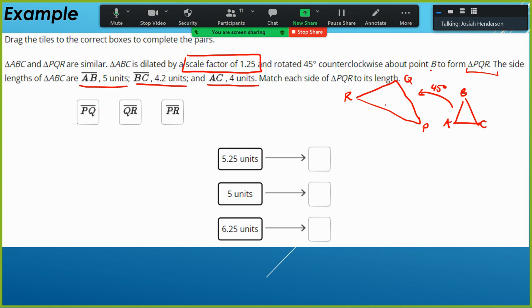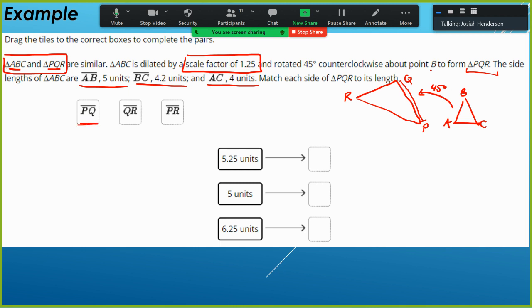So PQ matches up with BC. No, PQ should match up with AB. There we go. How do we know? Look at the statement, the similarity statement. So first two, AB matches up with PQ.